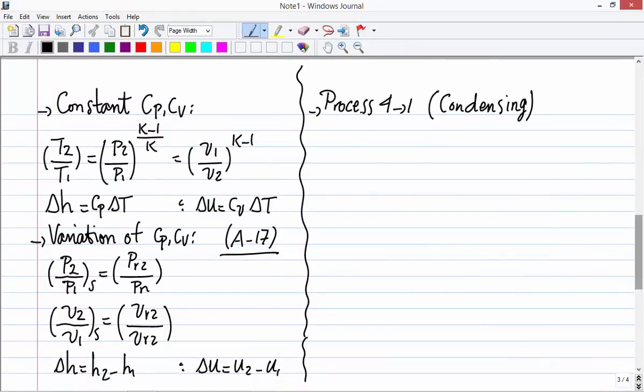Okay, so in process 4 to 1, which is condensing, we have phase change. Therefore, pressure is constant. Right? Pressure is constant. P1 equals P4 in the condenser.